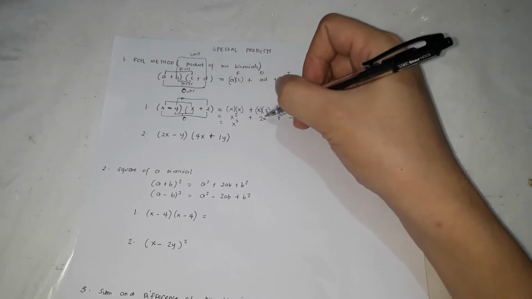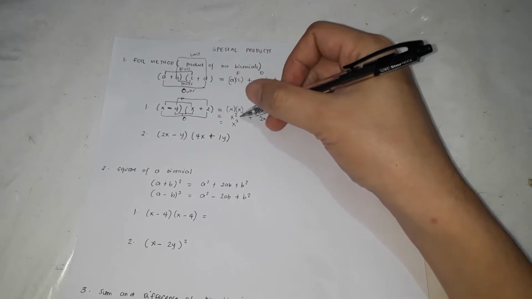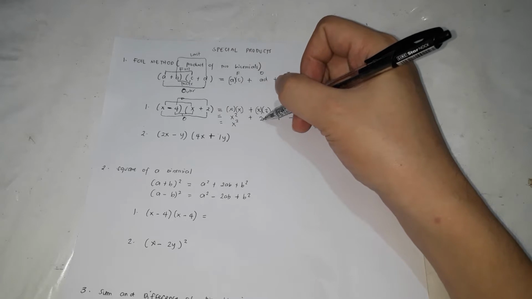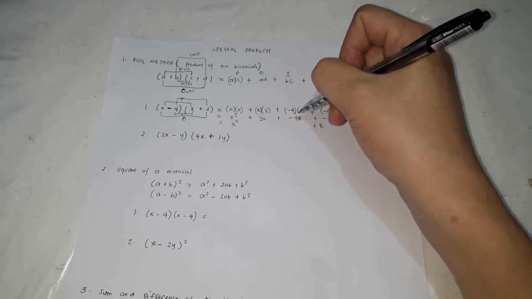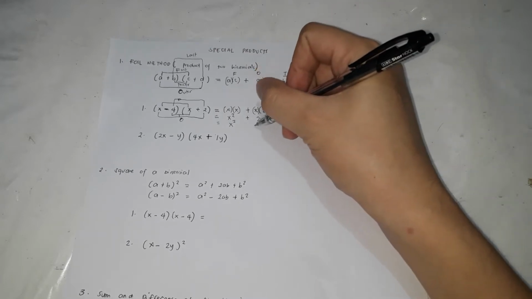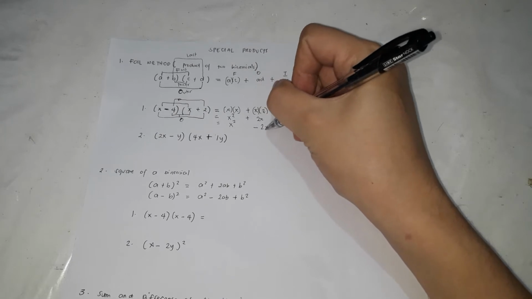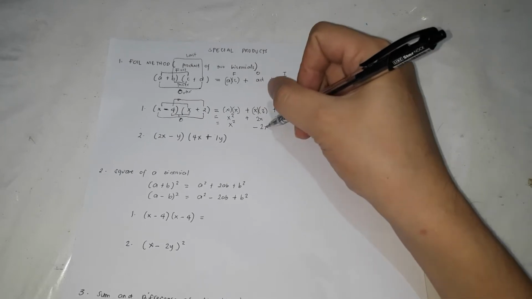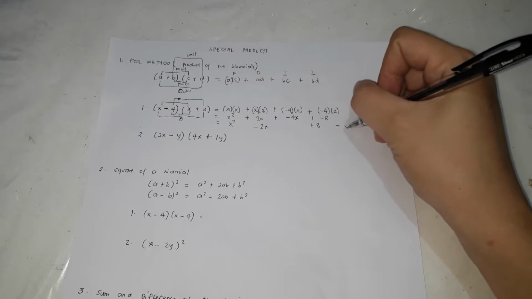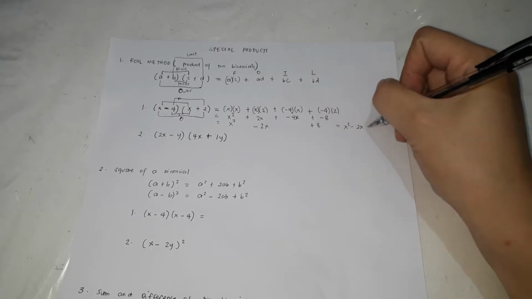Dito x squared, so hindi mo yan pwede i-plus. So dalawang x, dagdagan mo ng negative 4x. So it would become negative 2x. So the answer is x squared minus 2x minus 8.